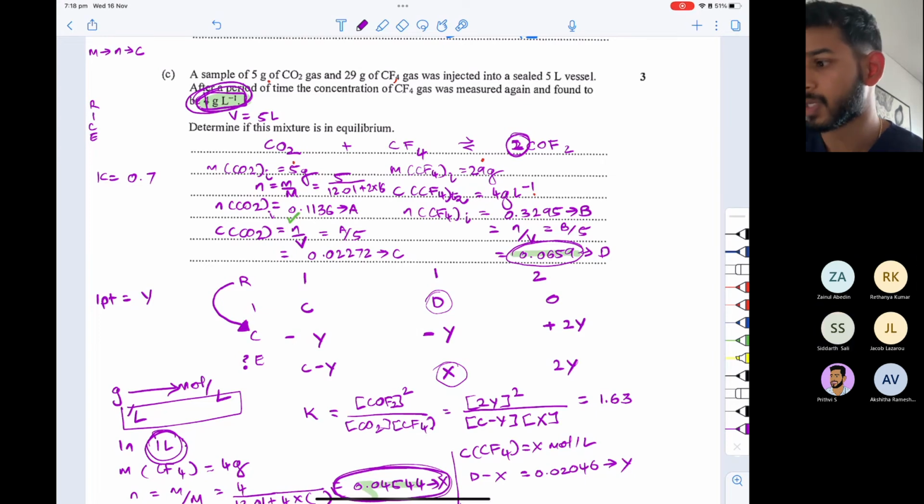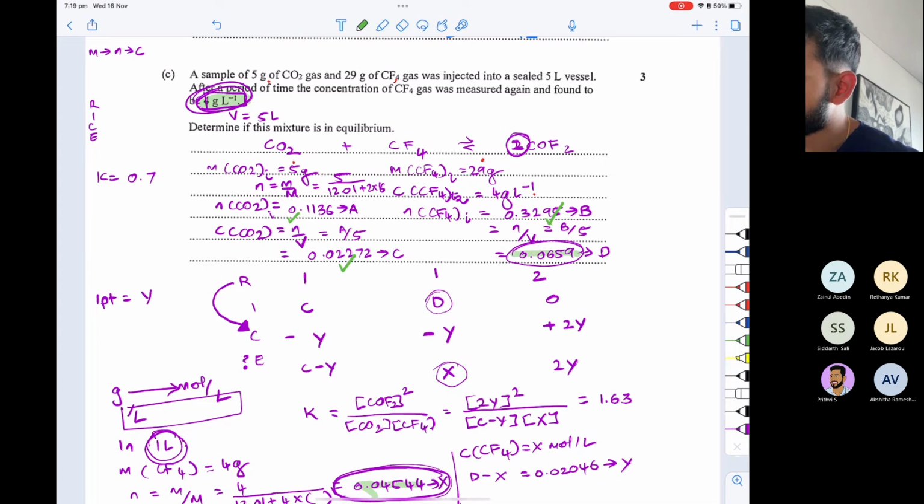Yes. Good. Next calculation question, right? So we then divided it by 5. Is that equal to 0.2272? Yeah. Good. Now go to CF4, right? Is its initial number of moles equal to 0.3295?